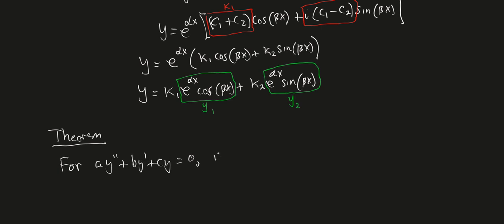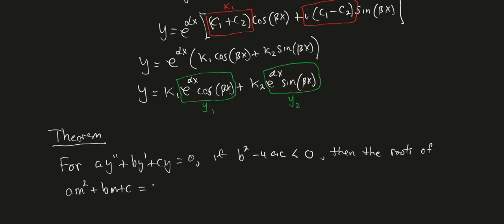So if b squared minus 4ac is less than 0, so if the discriminant is less than 0, then the roots or solutions of our auxiliary equation must be of this form.